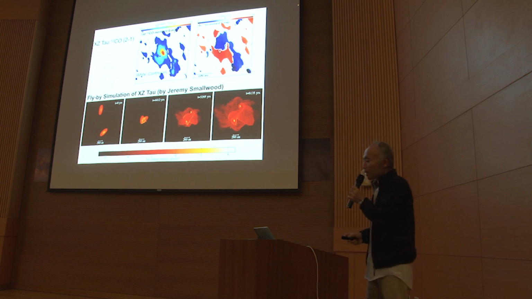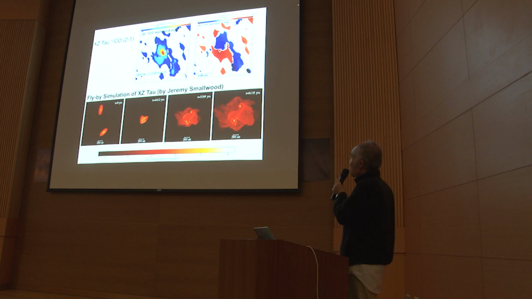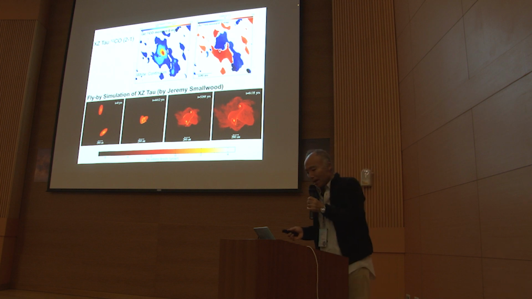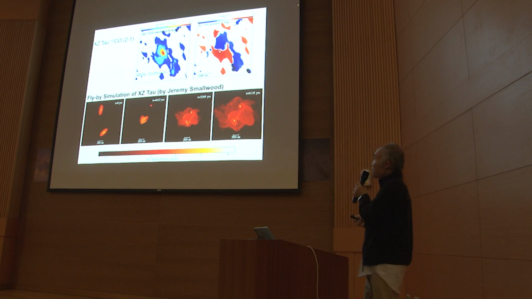And we have just started collaboration with Curiel and Jeremy Smallwood. Jeremy made a nice flyby simulation of this particular source Exeter. After this are some snapshots of his simulation. Here we could see some kind of built-in structure, which could be related to this structure.